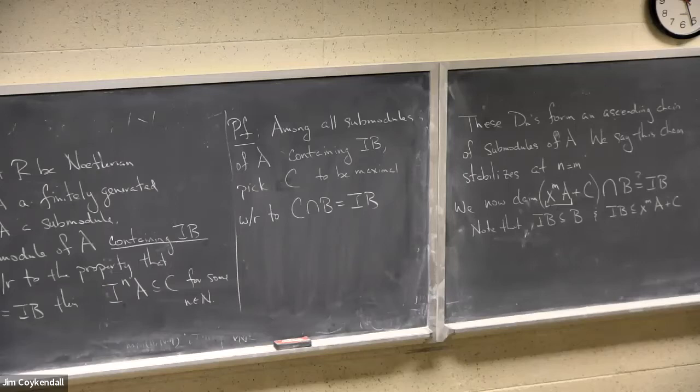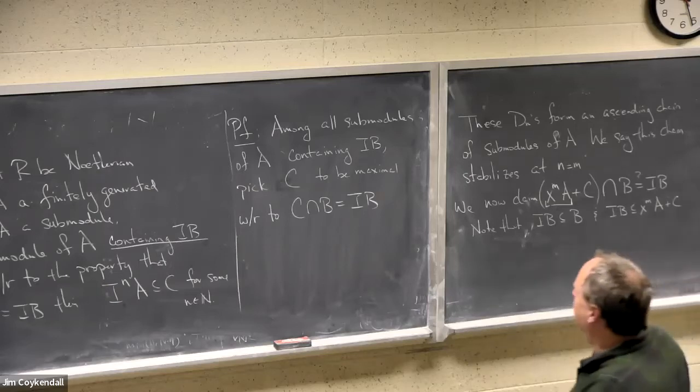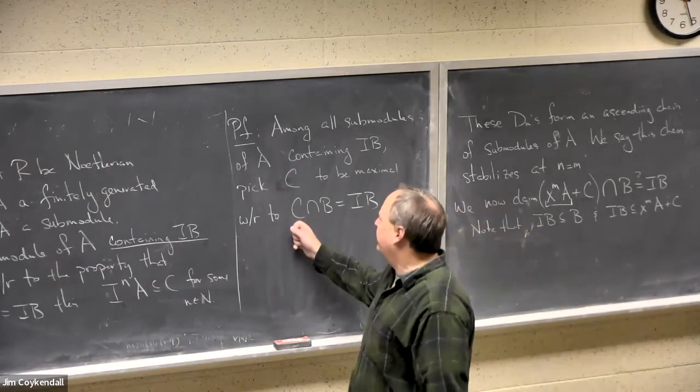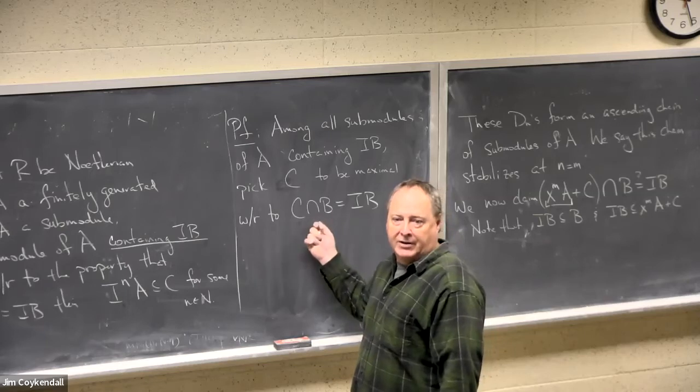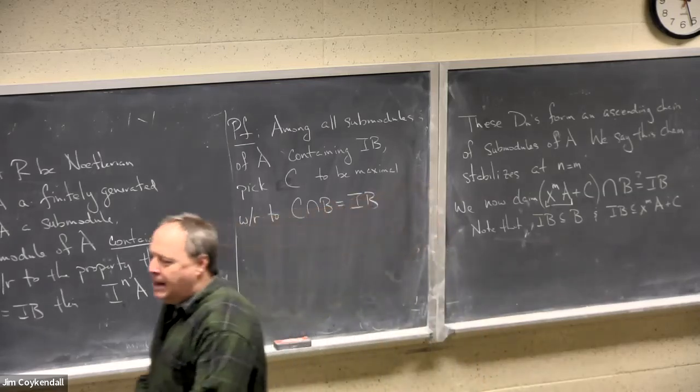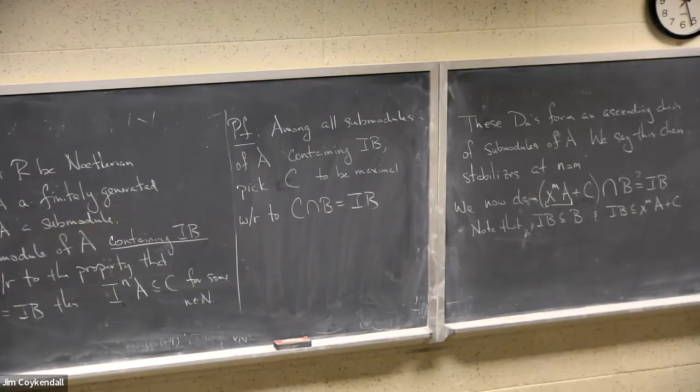Certainly this is not a vacuous thing to do, because notice if you take C to be IB, then there is some submodule, namely IB satisfies this. And now we figure maximal. Now this sounds very much like a Zorn's lemma thing, and you can certainly do that. However, A is finitely generated. We have these chain conditions, so we don't really need Zorn's lemma for this here.